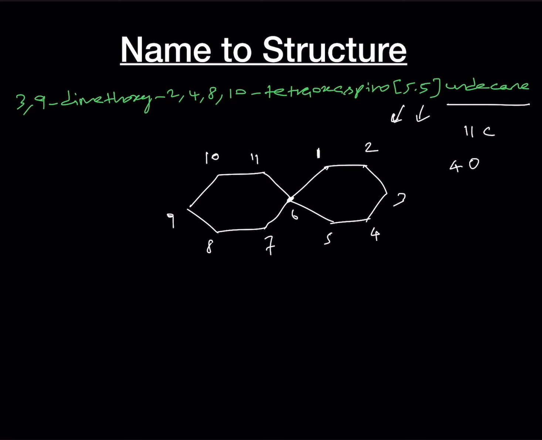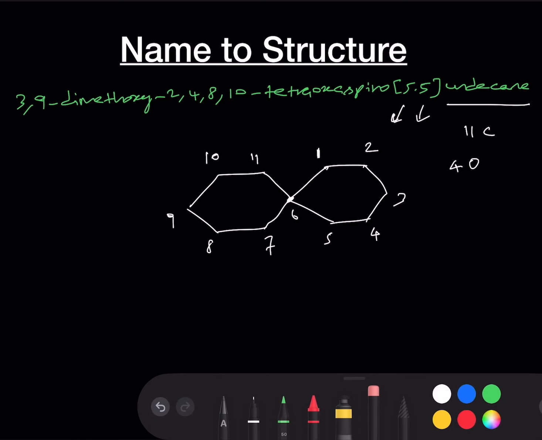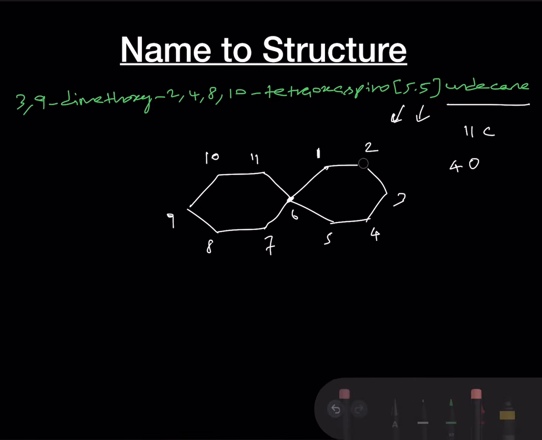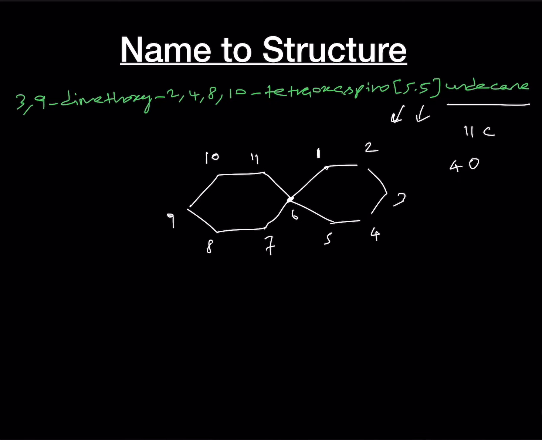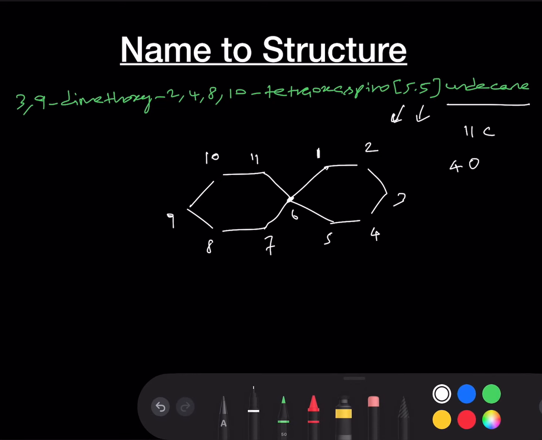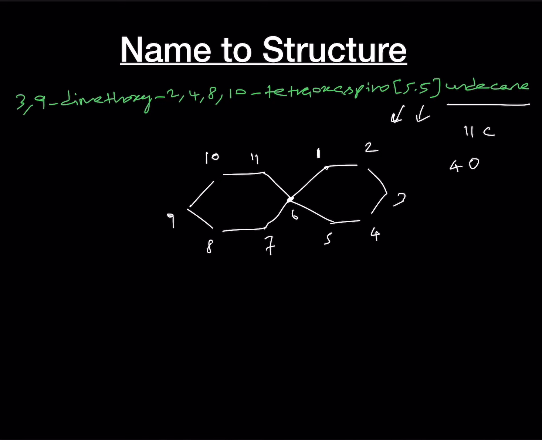So we have 4 oxygen atoms. So let's make the change at 2 and 4 and then 8 and then 10. So let's put the oxygen atom here, here, here as well as here.